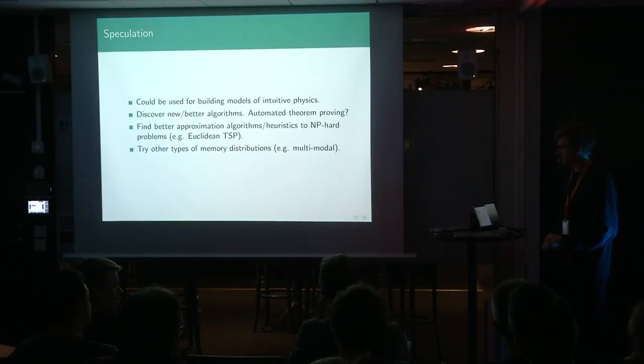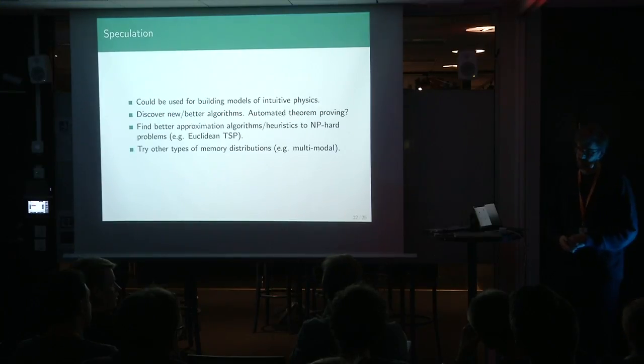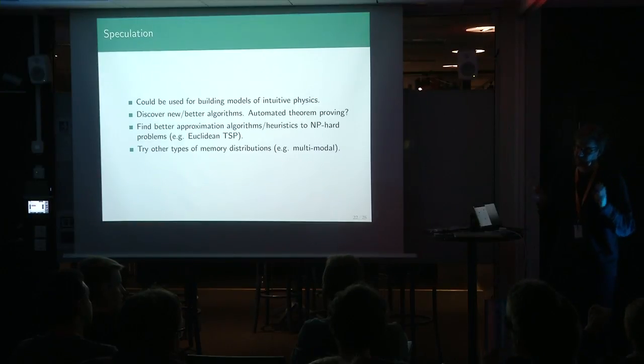Well, for the TSP problem, you can use reinforcement learning to potentially learn a better meta heuristic or a new heuristic. And then, given enough time and hyperparameter tuning, you could maybe get something useful.